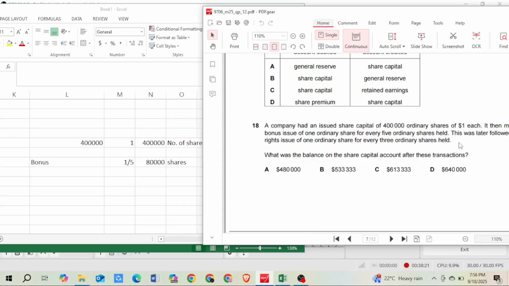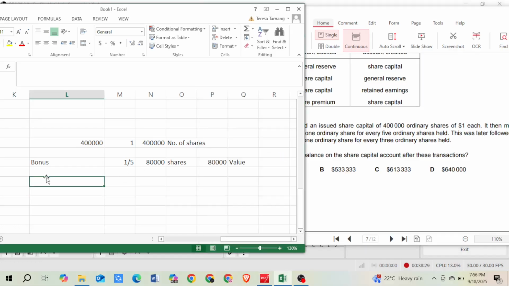And the last one is the rights issue of 1 ordinary share for every 3 ordinary shares held. So the rights issue is 1 for every 3. To calculate how many rights shares we are giving, first we need to calculate how many shares we have now.